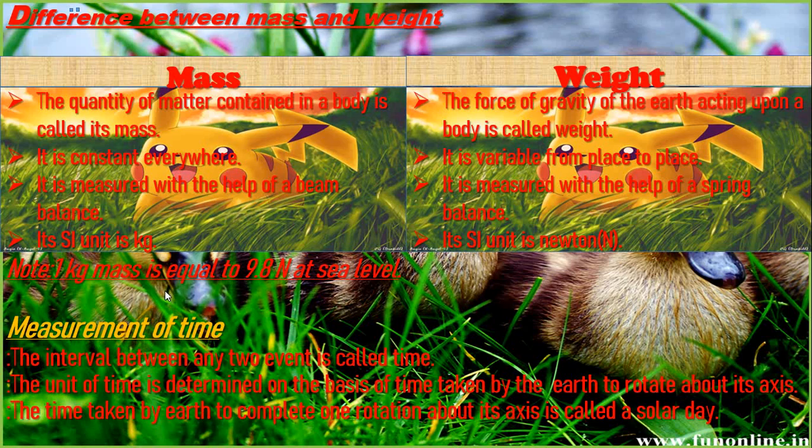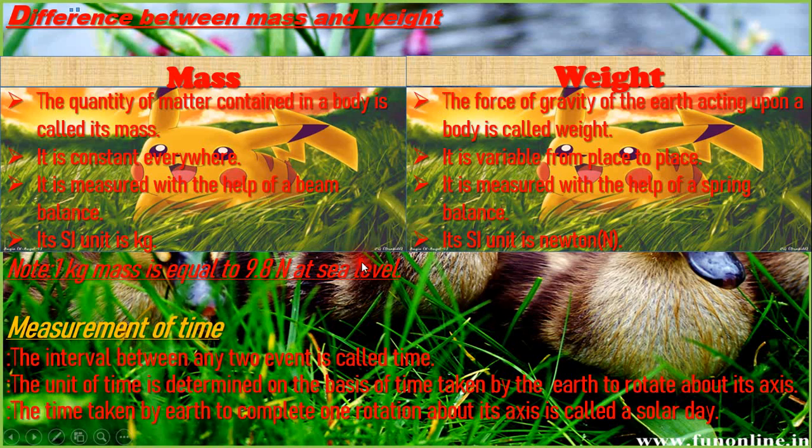Now let's discuss time and the measurement of time. The interval between any two events is called time. For example, it took me 5 minutes to come home from school. It is the duration between two events.